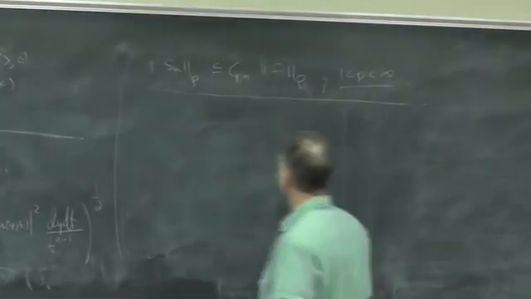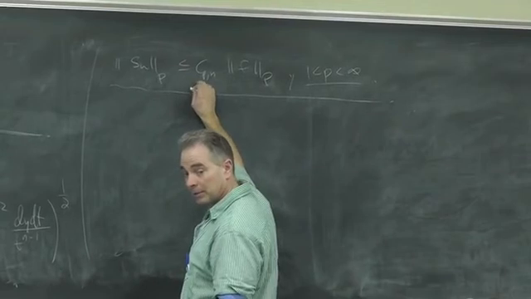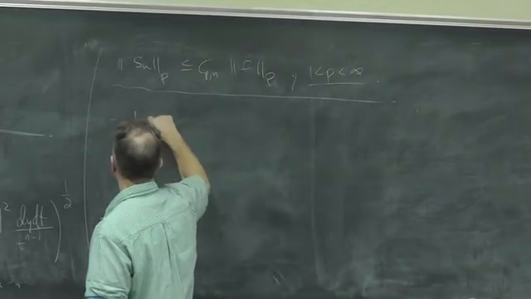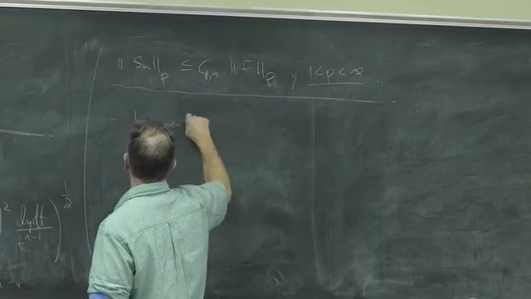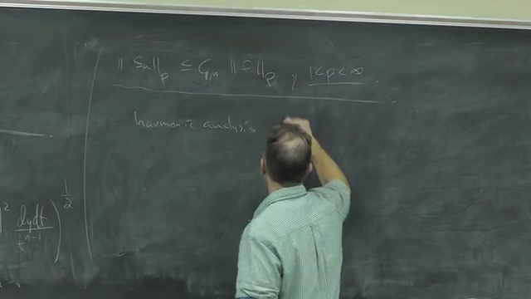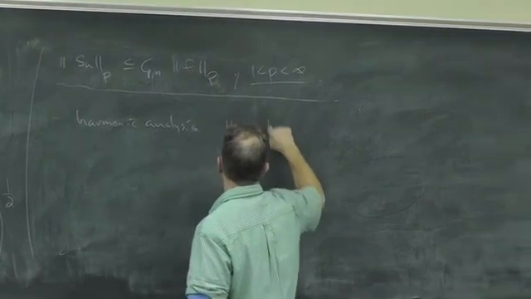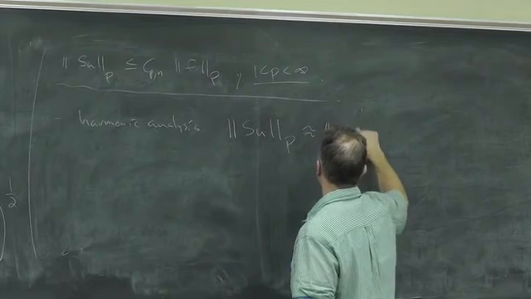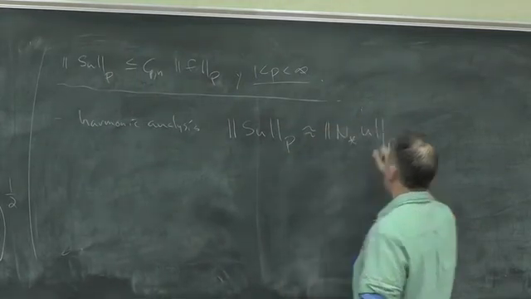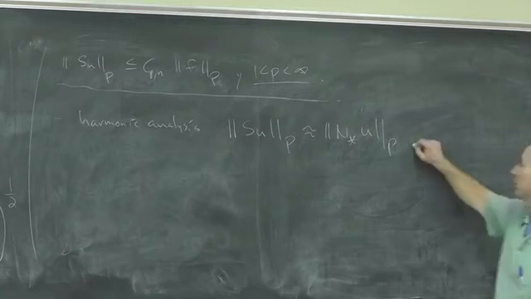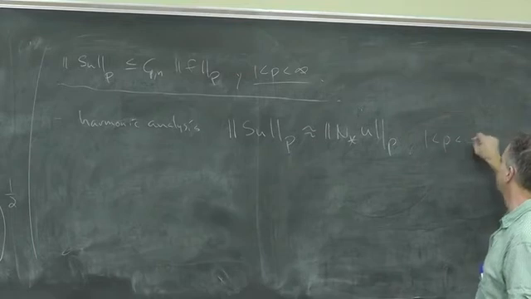Okay? So, let me make a couple of comments about this estimate. Okay? So, first, it turns out that from harmonic analysis techniques, one could show, in fact, that the L^p norm of the square function of u is actually comparable to the L^p norm of the non-tangential maximal function of u, with t between 1 and 2. Okay?